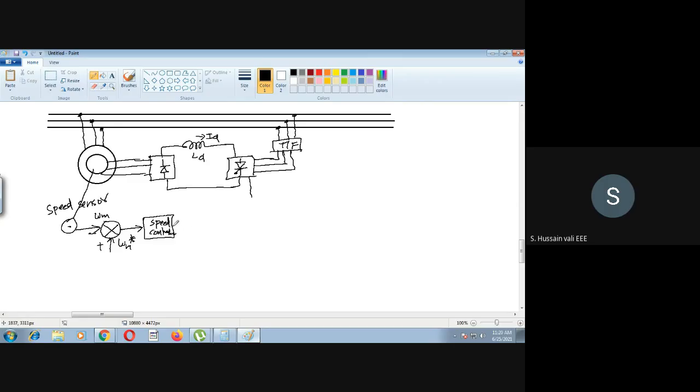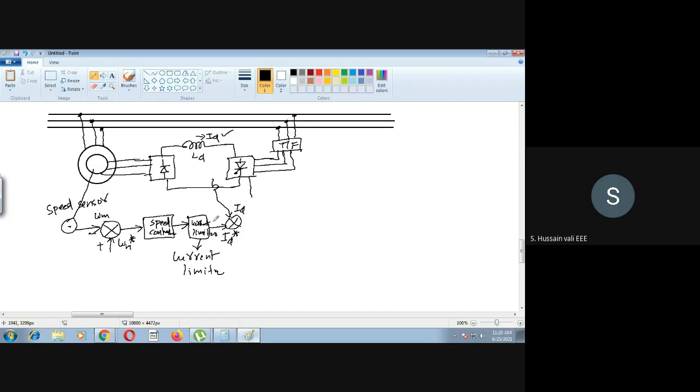Then it will go to the current limiter. Then it generates the reference Id. This is the reference Id it generates. Then this reference Id should be compared with the actual Id. So you tap the current here, Id, the Id which is flowing here. You sense Id here.